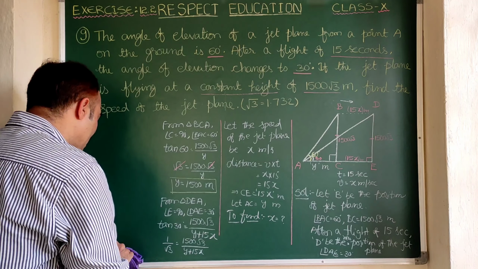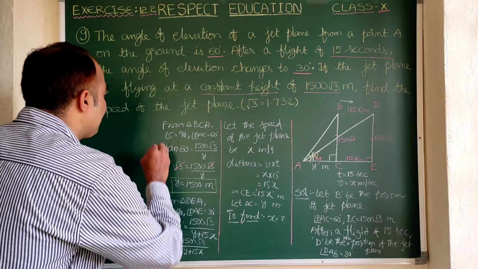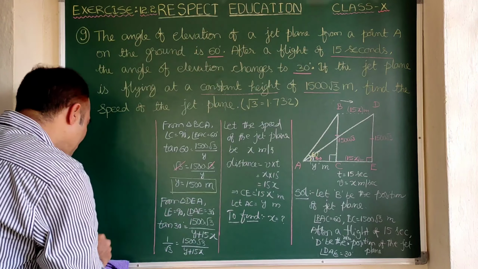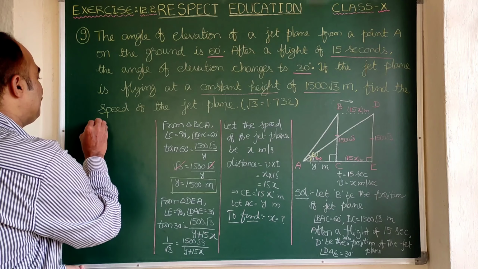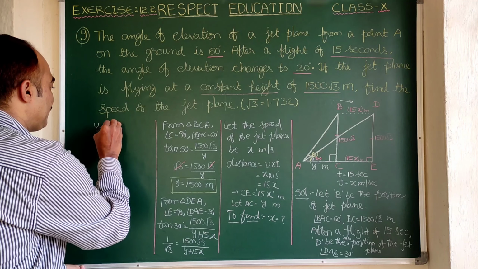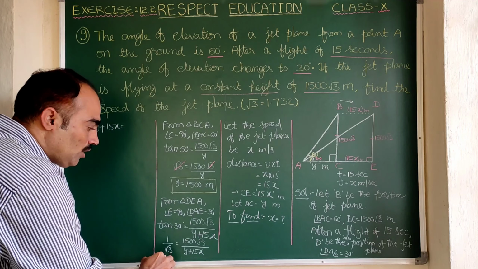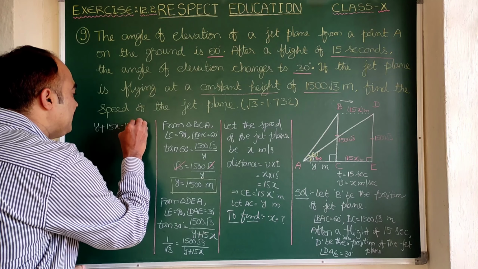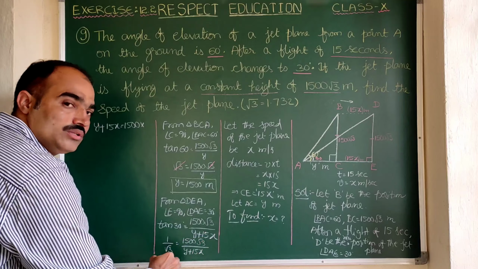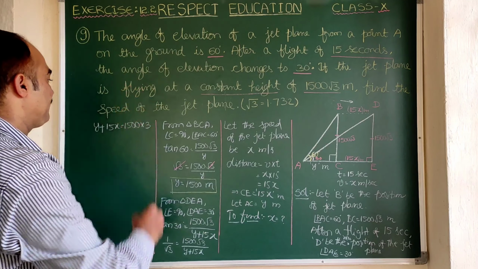Now let us do cross multiplication. 1 into y plus 15x is y plus 15x, is equal to root 3 into 1500 root 3, that is 1500 into 3.